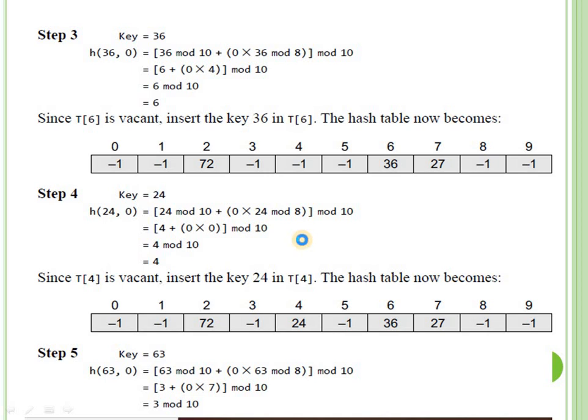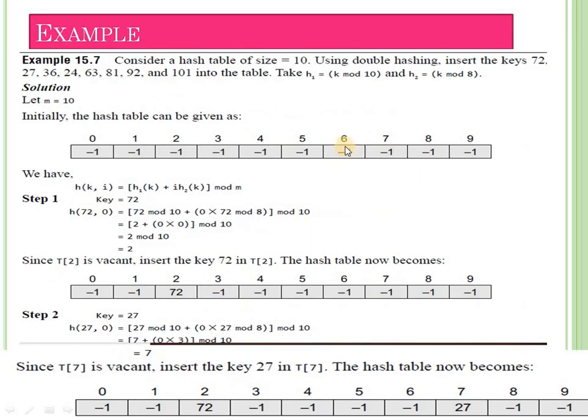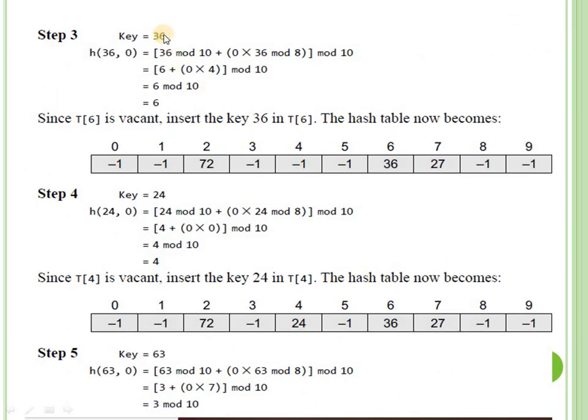In the previous table we can see that T of 6 is vacant. Okay, here we are considering the double hashing example. So T of 6 is vacant, so we store this key 36 at the location T of 6. Here we are storing that key.